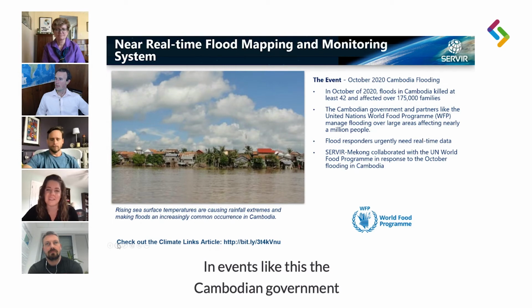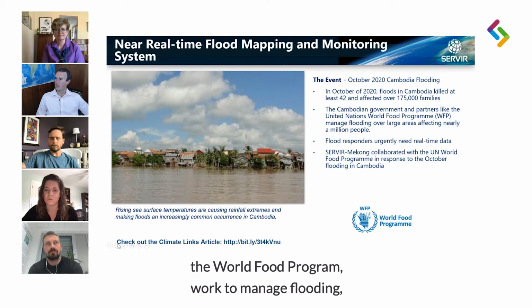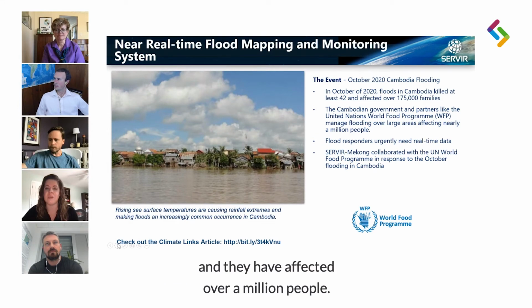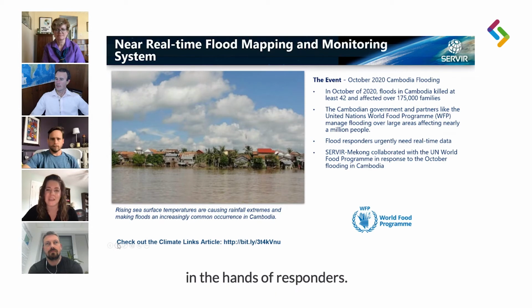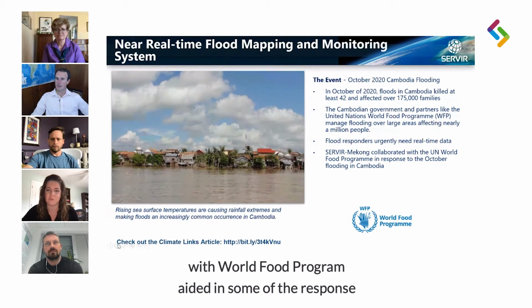In events like this, the Cambodian government and partners that they work with, such as the World Food Program, work to manage flooding and monitor it over very large areas, and they have affected over 1 million people. In these types of situations, it's very critical to put near real-time data, to put these flood maps, in the hands of responders. So Severe Mekong, through their collaboration with World Food Program, aided in some of the response to these floods.